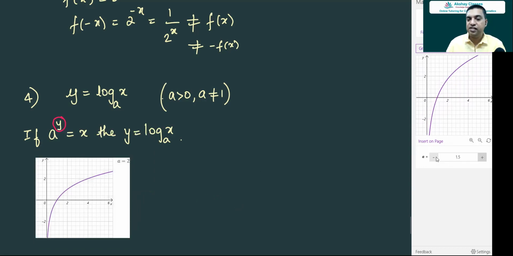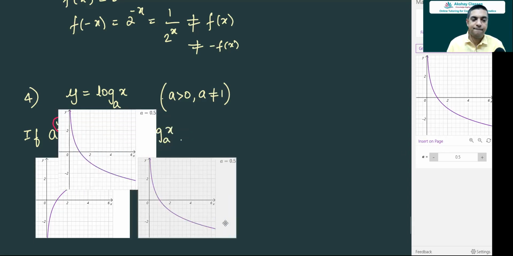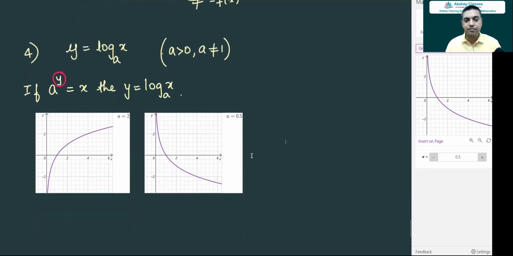Now let us change a equal to 0.5. This is the graph. So all log functions for a greater than 1 will be like this, and a lying between 0 and 1 will be like this.